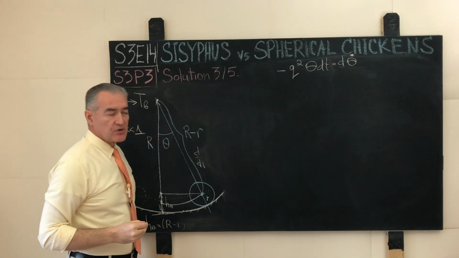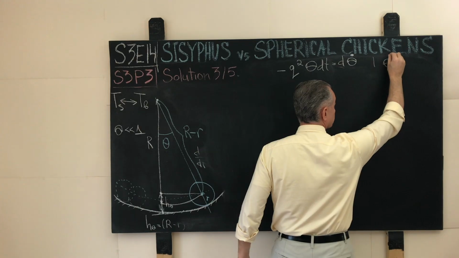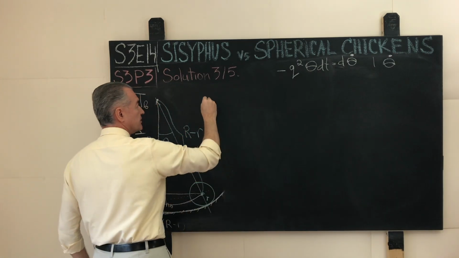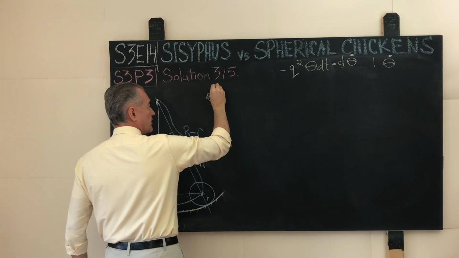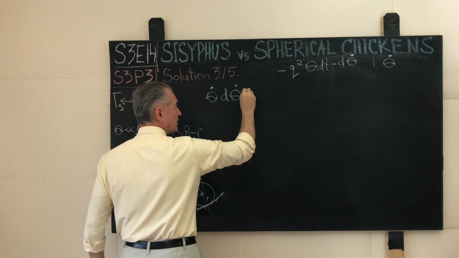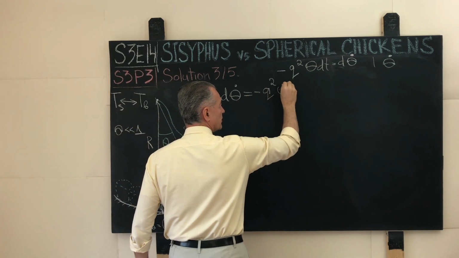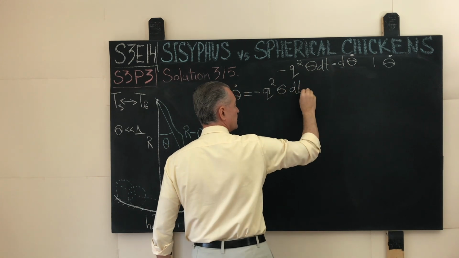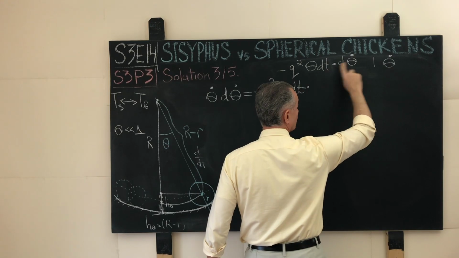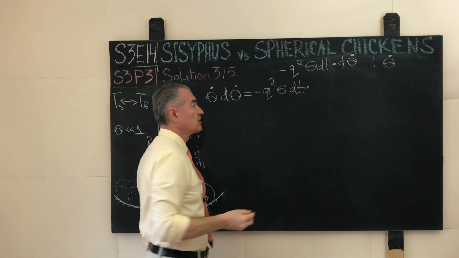What is the next maneuver? The next maneuver is to multiply the result through by the first derivative again of the angle theta. On the left hand side, we keep it as it is. Look at this. Theta dot d theta dot is equal to minus q squared theta dt times theta dot. Now here on the right hand side, we spell out the definition of the first derivative, which is what?